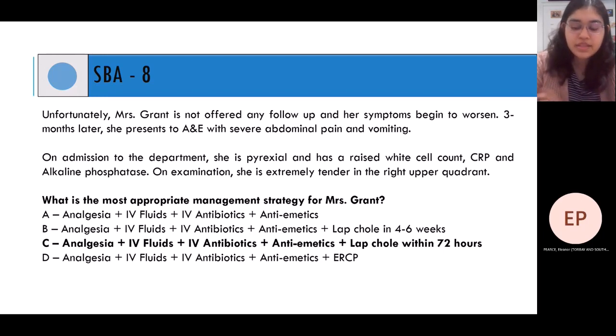But a study showed that people often represented within that time frame, and often had repeated episodes of sepsis and acute cholecystitis. And so currently the guideline is that with patients presenting with acute cholecystitis, where possible, laparoscopic cholecystectomy should be offered within 72 hours in order to help them have better long-term outcomes, essentially.